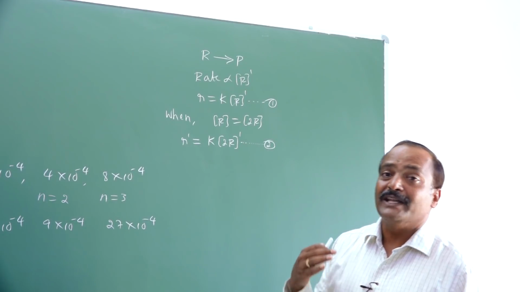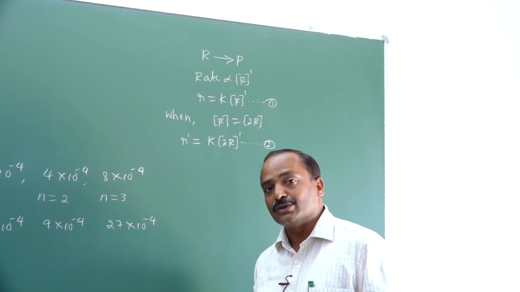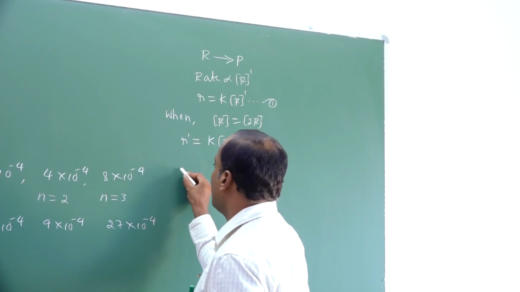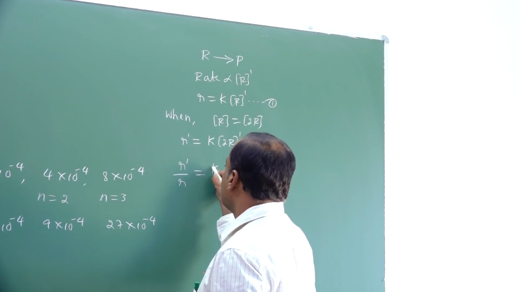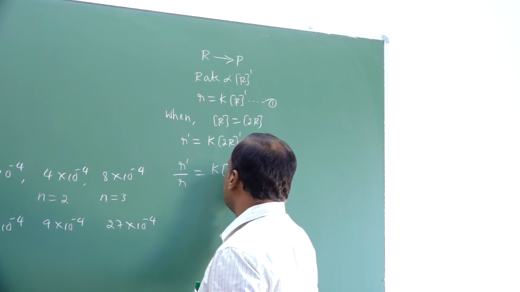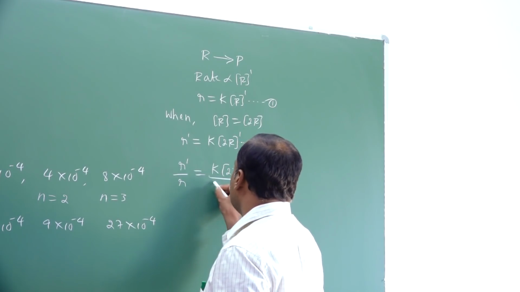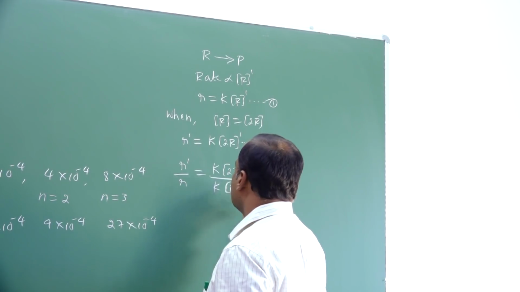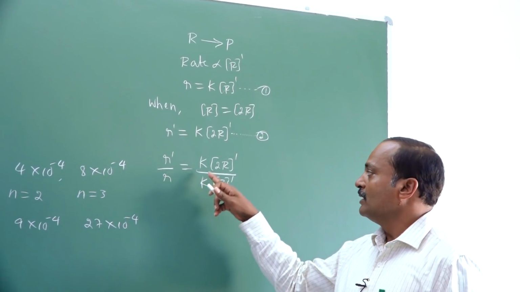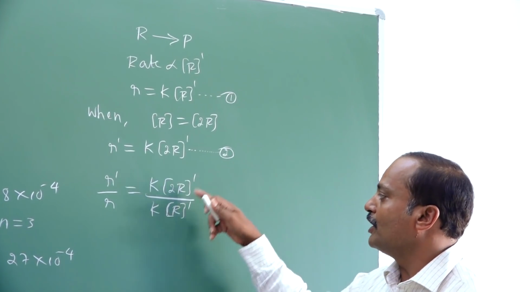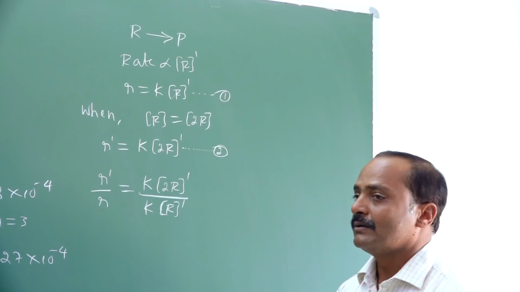Equation 2 divided by equation 1: R dash by R is equal to K into 2R power 1 divided by K into R power 1.